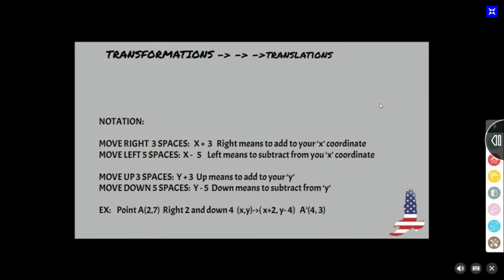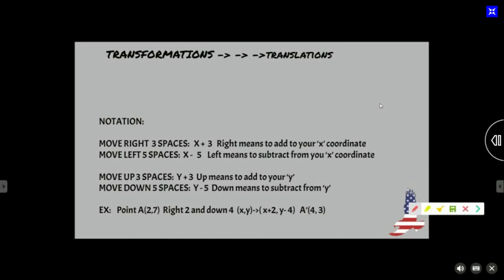It's just how do I write stuff. So when I say move 3 spaces to the right or left, what axis goes left and right? The x-axis, right? So this is when I'm going to add.